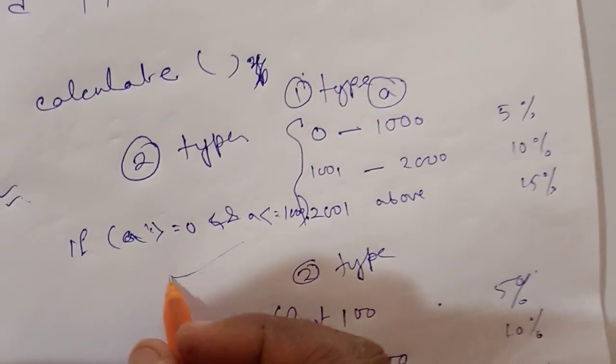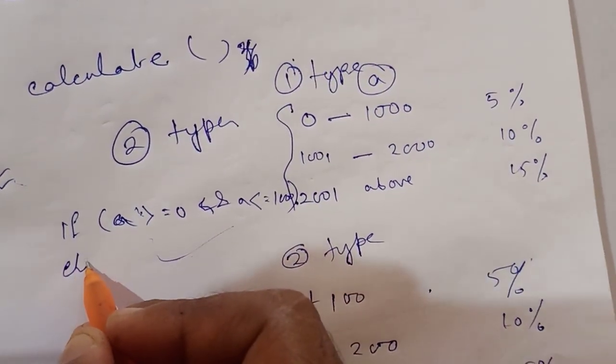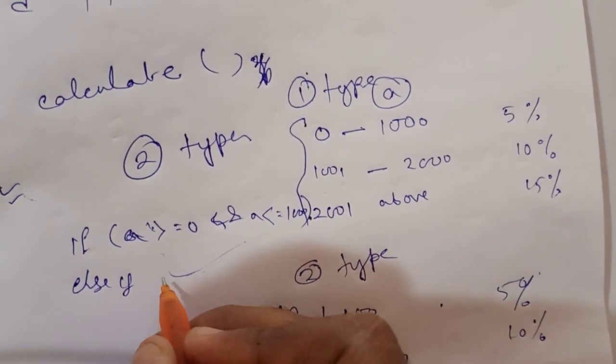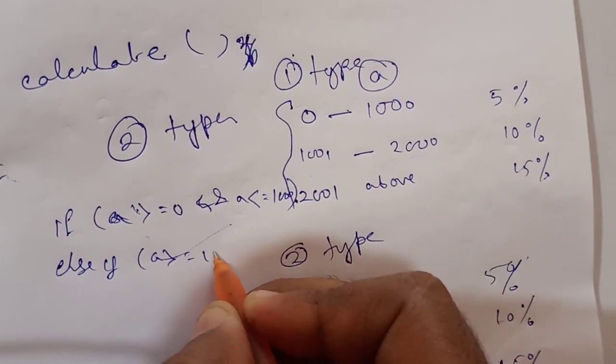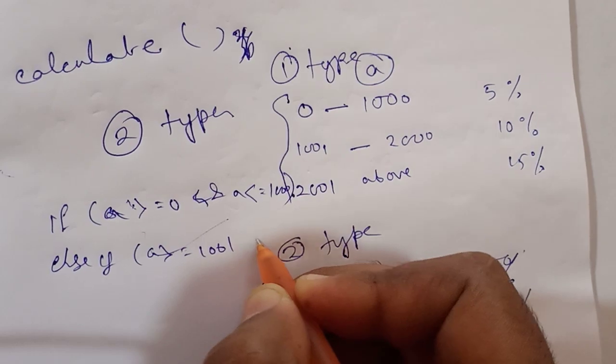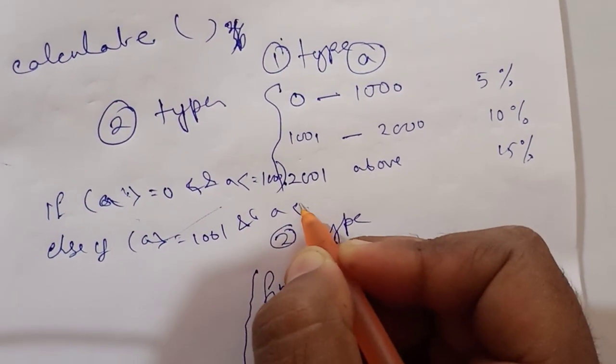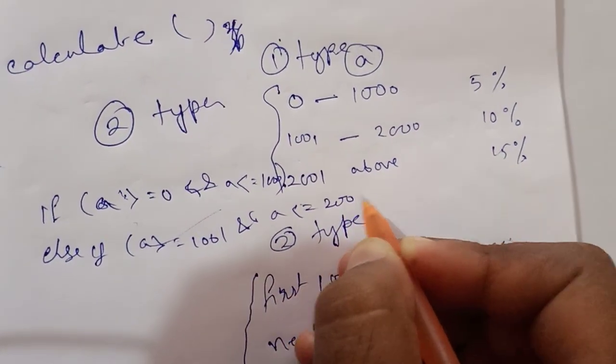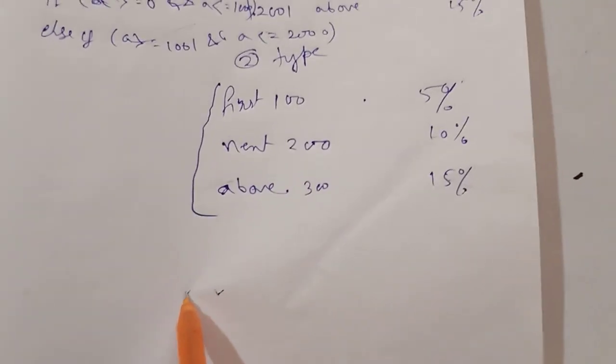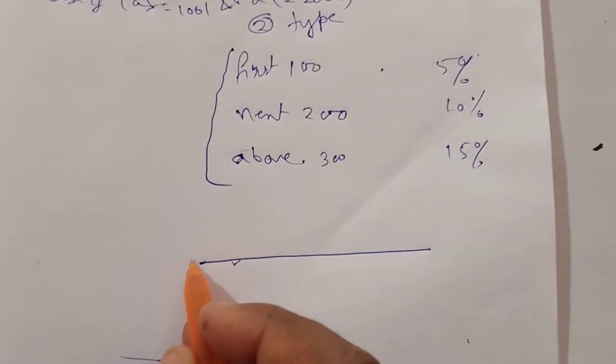Okay. Then you can use the else if a greater than or equal to 1001 and a less than or equal to 2000.